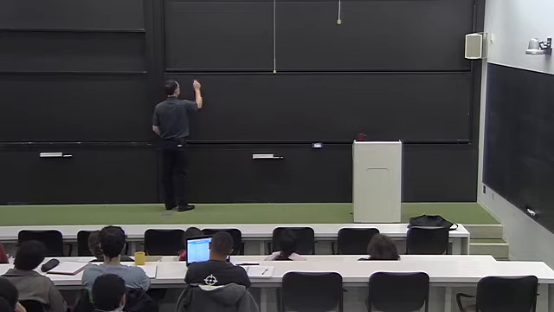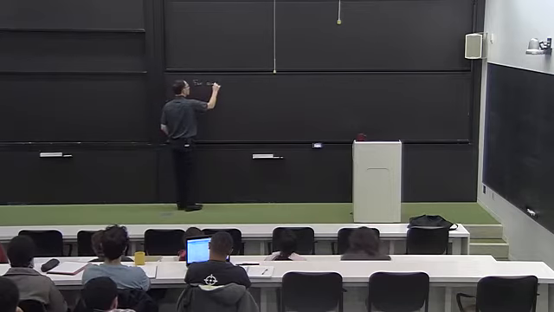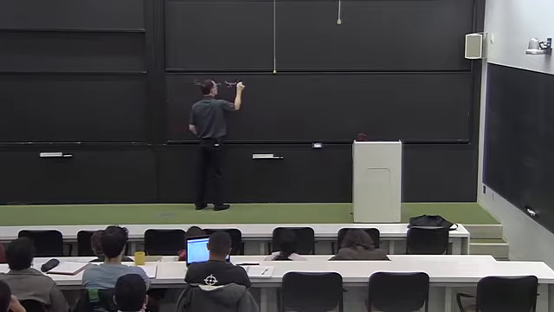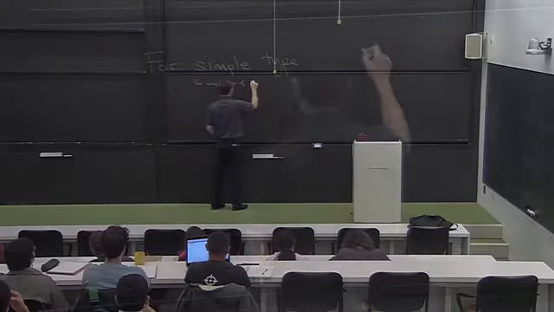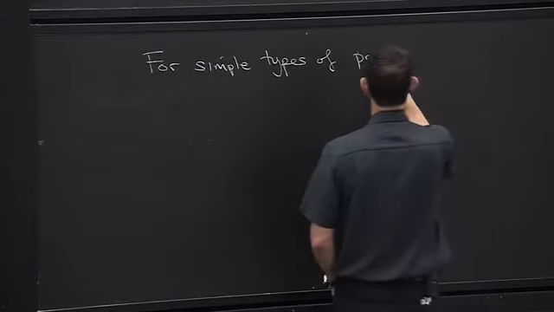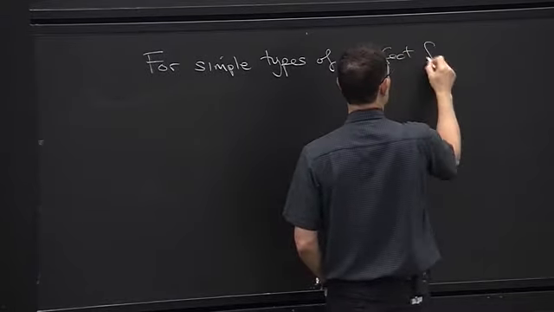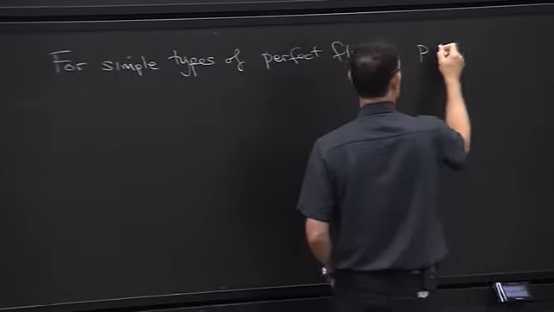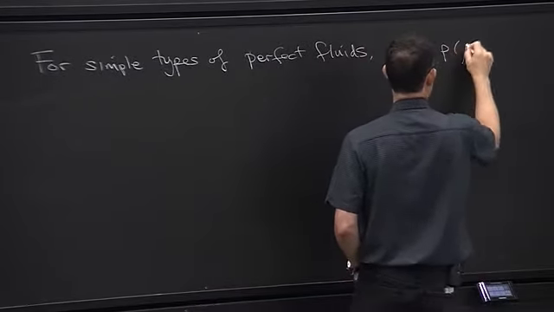Okay, so for simple types of perfect fluid, P is a function of the density.